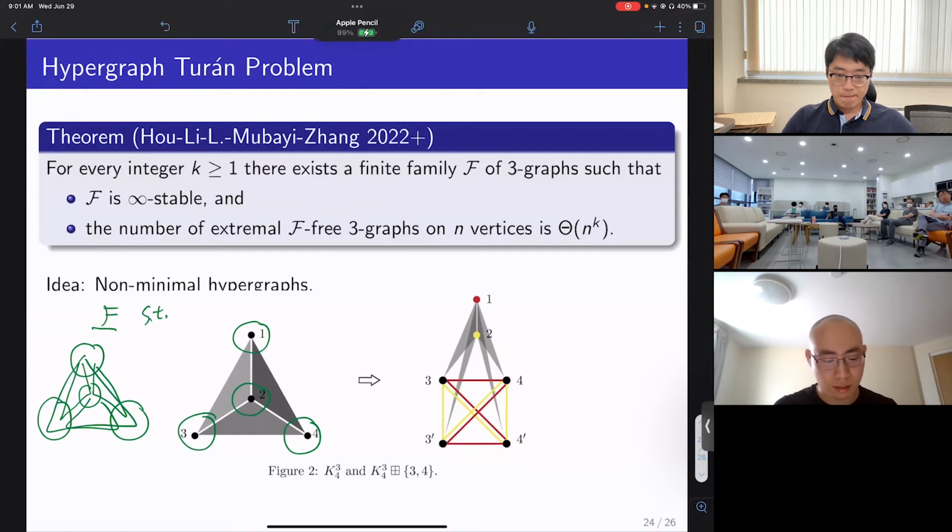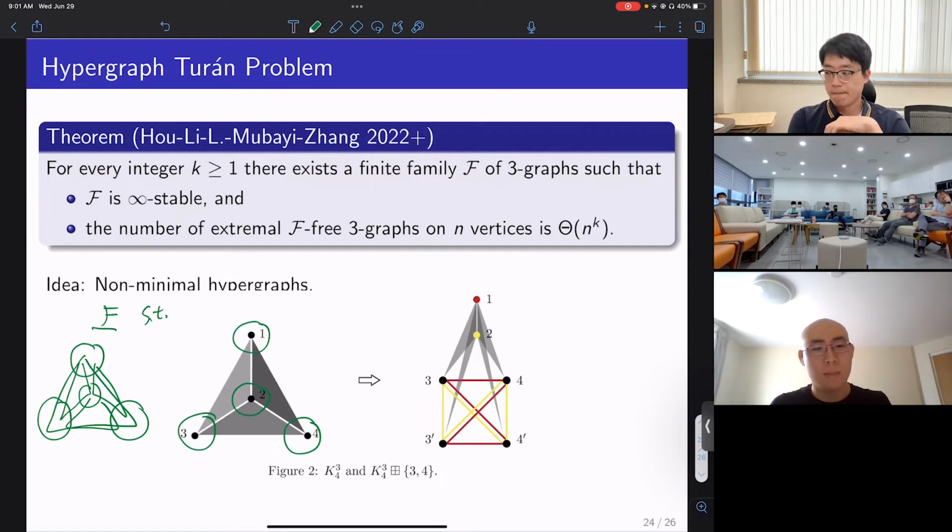And this is known for any graph, not just for K4^3. Given any graph, I can find a finite family such that the extremal construction for this particular F is a blow up of this graph.